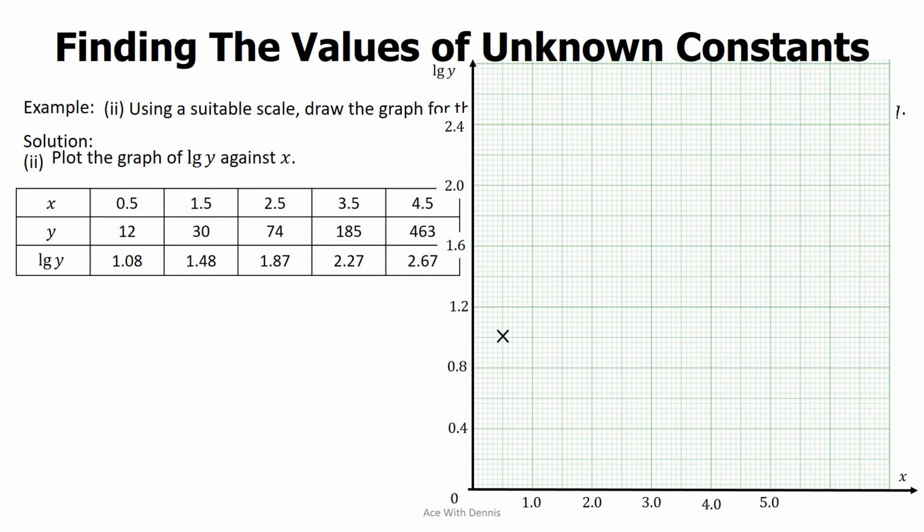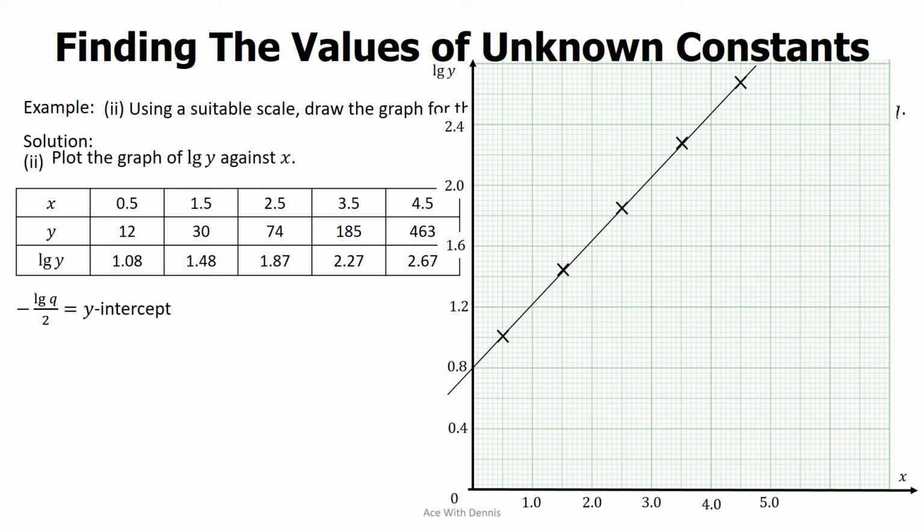Now we can plot the first point. The coordinates is 0.5, 1.08. So here is the point. And the second point, third point, and so on. So we have 5 points. Now we can use a ruler to join these points. We get a straight line connecting all these points.